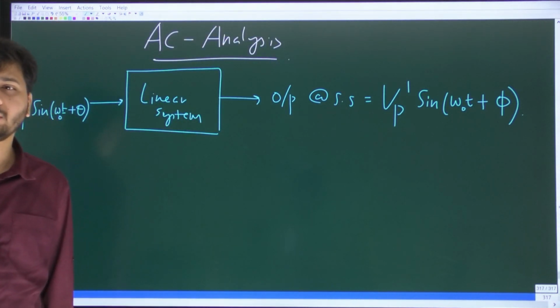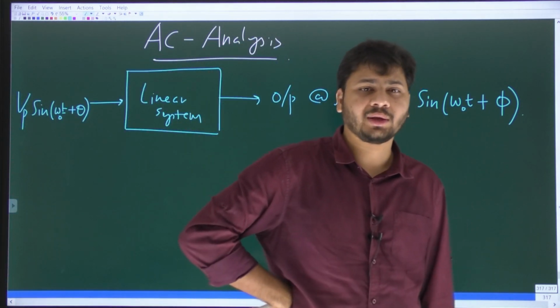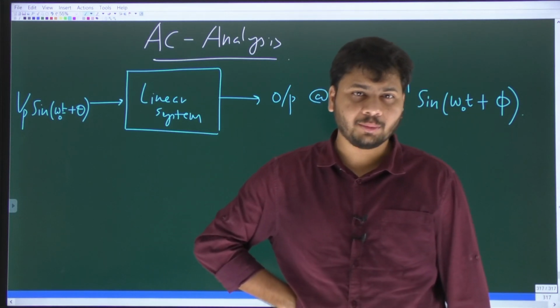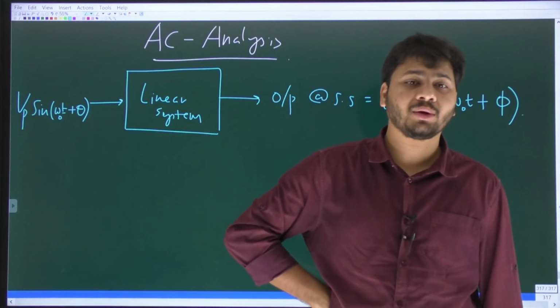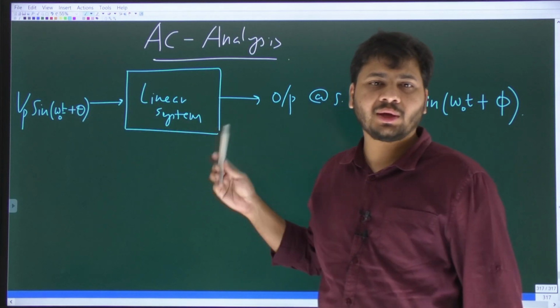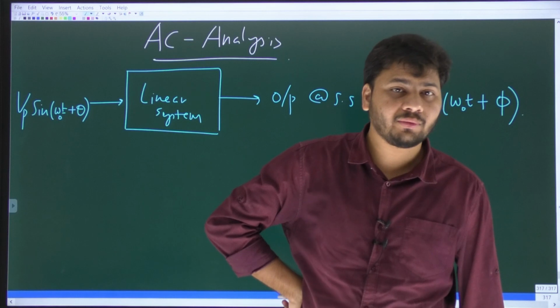This is the crux of signals and systems. So if you have any linear system and if a sine wave is applied as the input, even the output at steady state would be a sine wave at the same frequency. Okay. So a sine wave goes through the linear system and comes out as a sine wave at the same frequency.